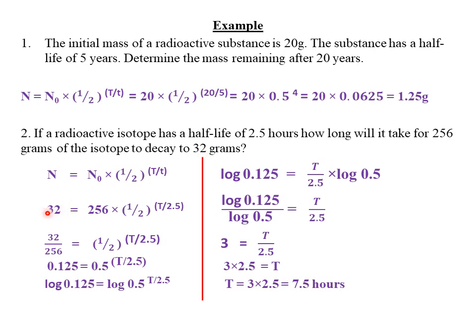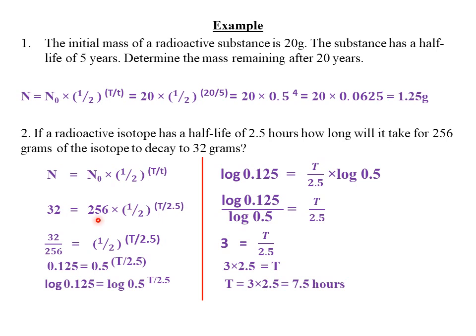Then the original or initial mass was 256 grams, because that was before the decay process took place. Therefore, N₀, the initial mass, was 256 grams multiplied by a half to the power of total time taken divided by the half-life. We are given the half-life as 2.5 hours.